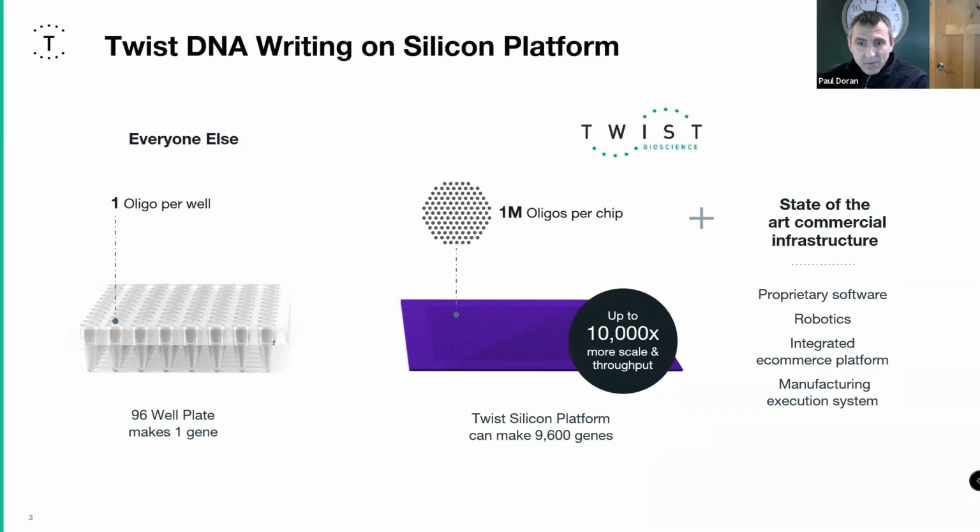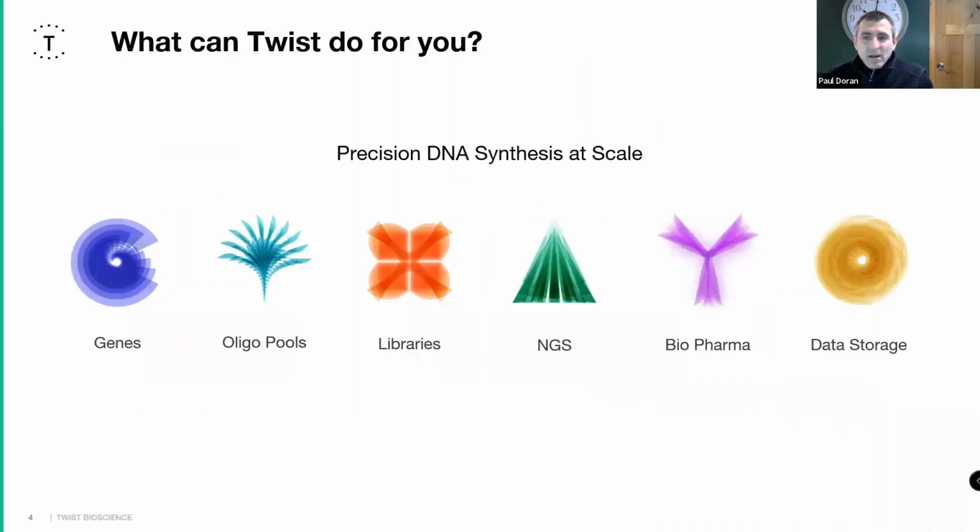We produce genes, oligo pools, and variant libraries for screening. And relevant to this talk, we make oligos for doing NGS.